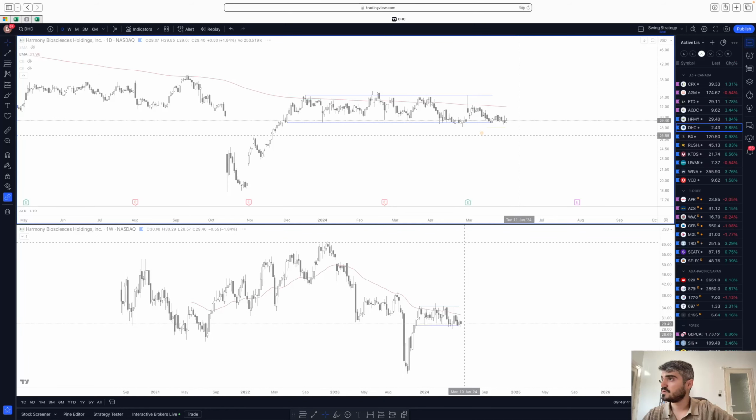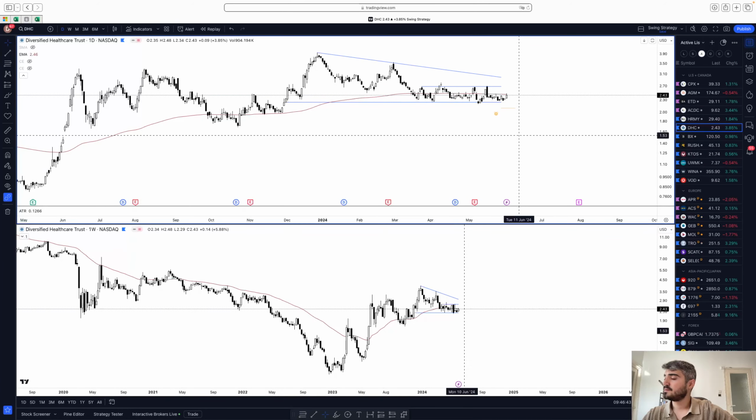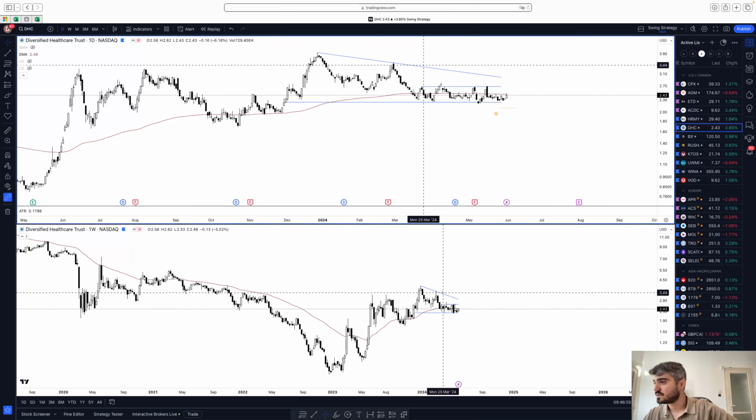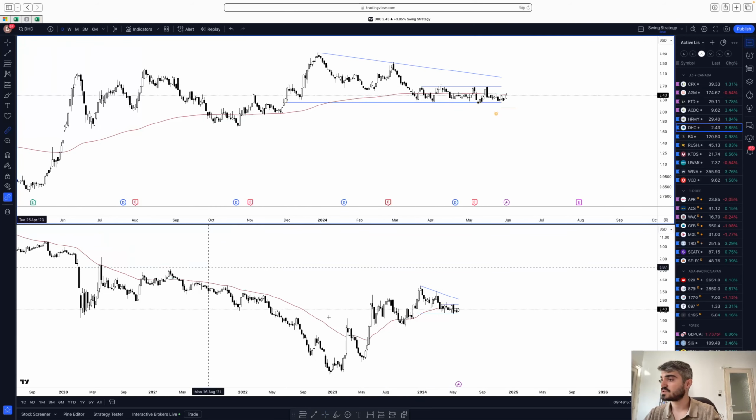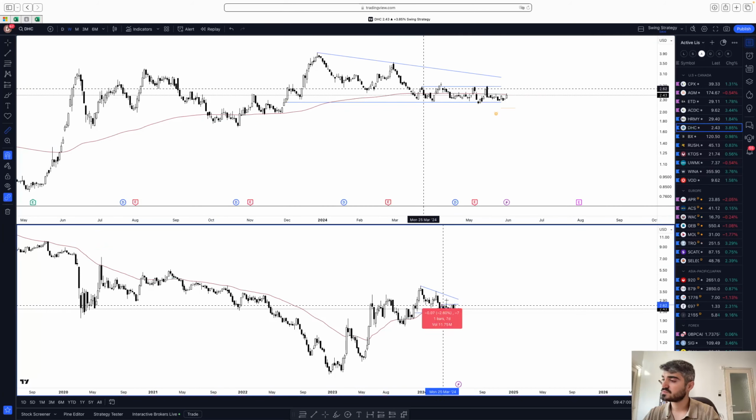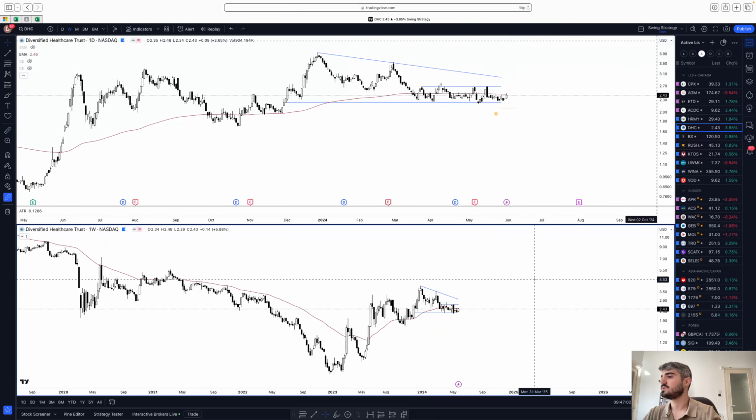Another rectangle. A descending triangle, guys, in a sense being launched by a short rectangle of several weeks. I think it's around 8 to 10 weeks. Yep, 10 weeks.